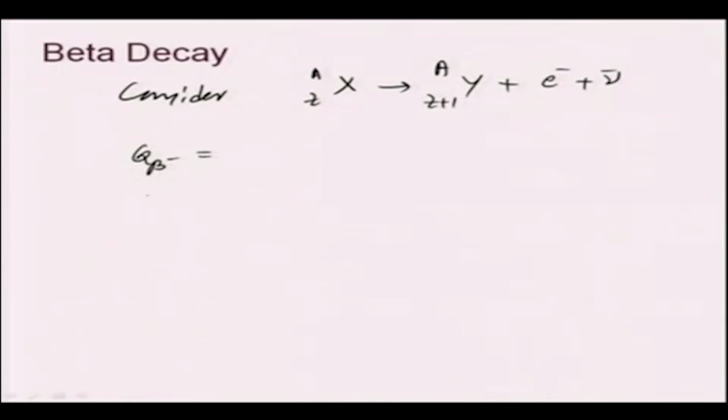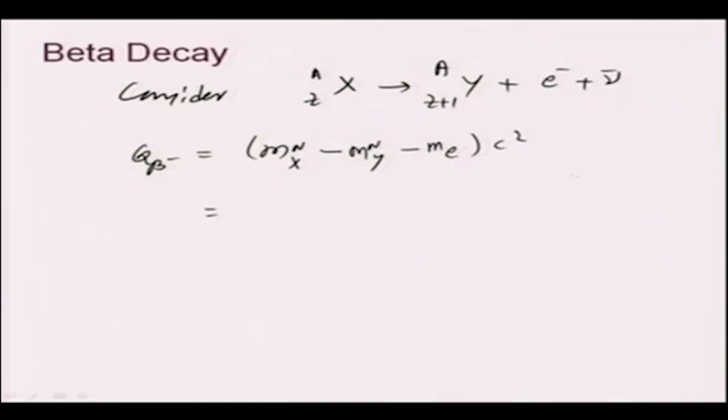Let me denote the Q factor as Q beta minus. It is (m x minus m y minus m e) c square. These are nuclear masses.